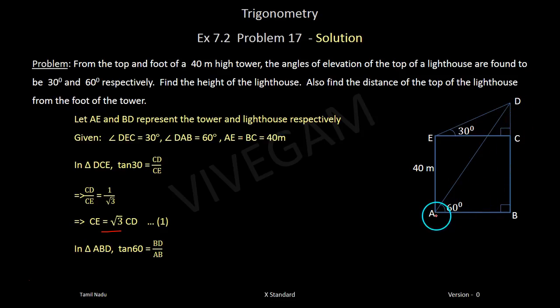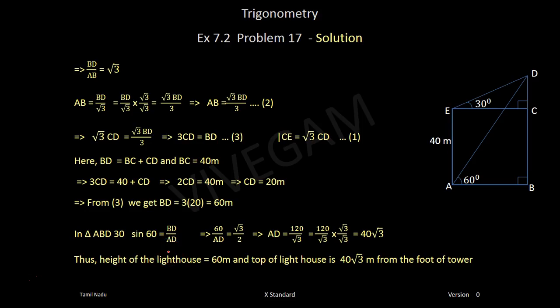Now, go to this triangle A, B and D. What is tan 60? Tan 60 is opposite, that is BD divided by AB. Right. That's what we got here. Now, what is BD by AB? BD by AB equal to root 3. Tan 60 is root 3. Right? Now, which means AB will be equal to BD by root 3.